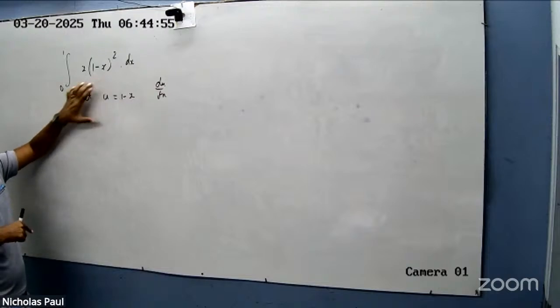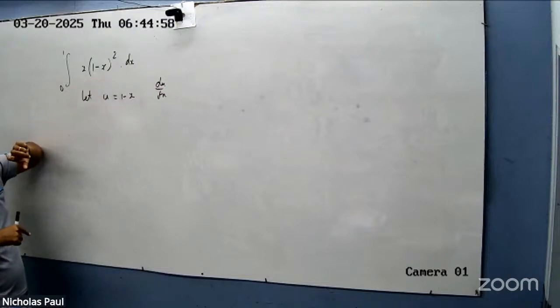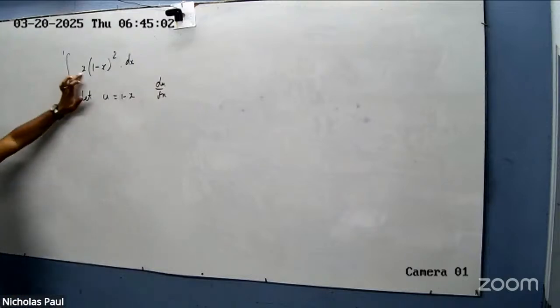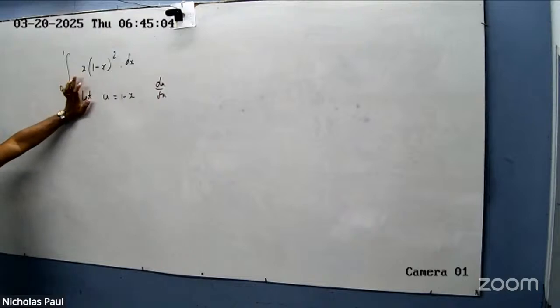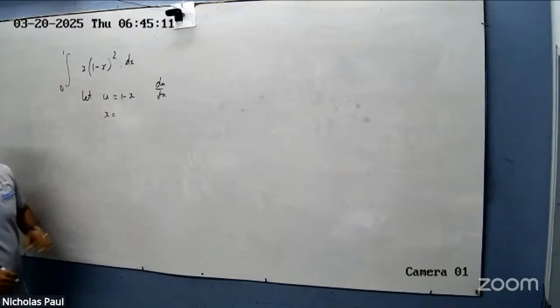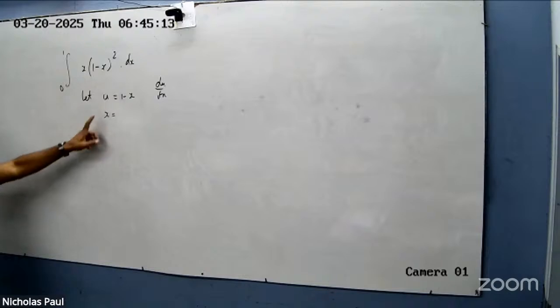But we have two problems. Problem number one is that this x will still be there. How do you get rid of that? Make x the subject from here. You could have, but they said to use this.